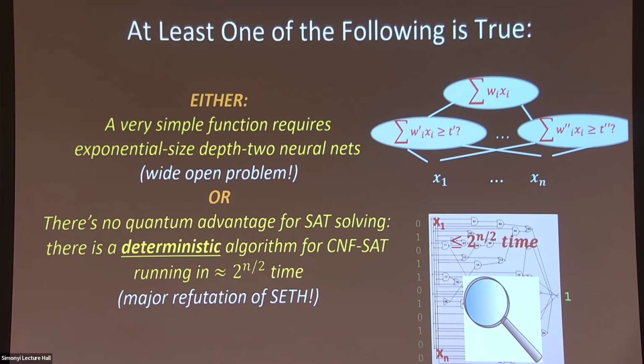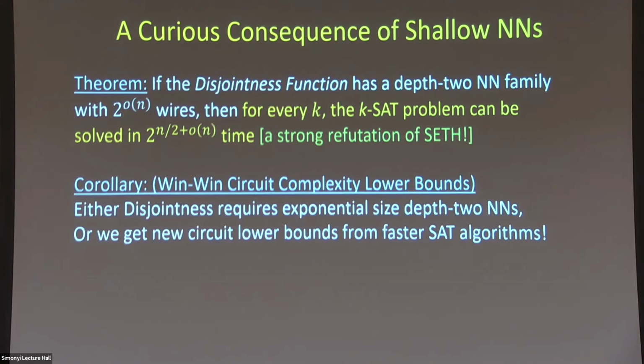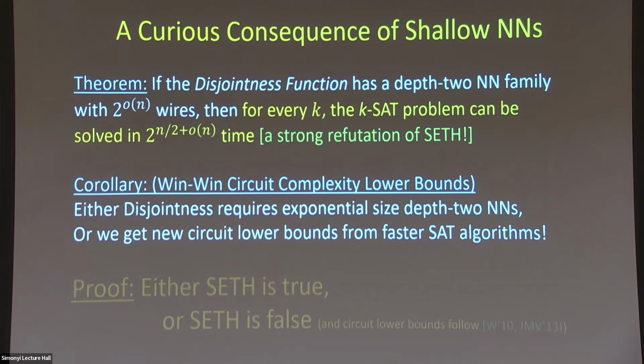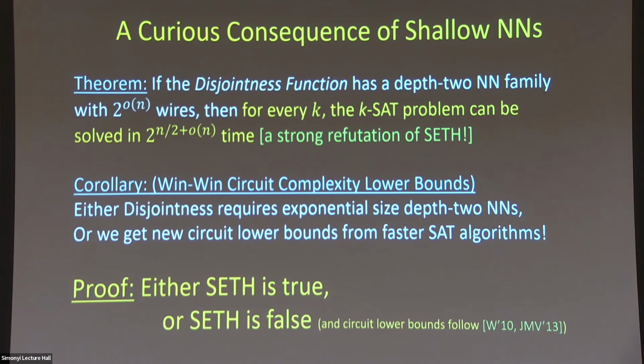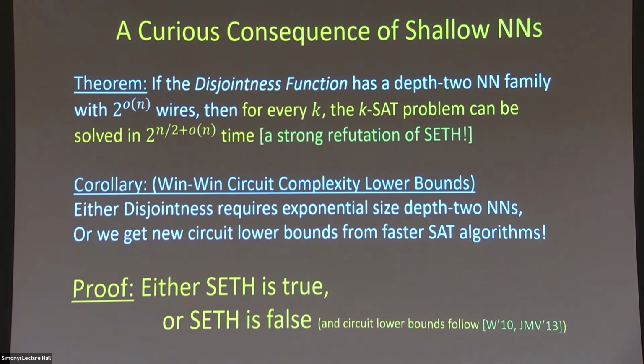If the so-called disjointness function, which I can define for you if you ask, has a depth-2 neural net family with a sub-exponential number of wires, then the K-SAT problem can be solved in square root of the search space. As a corollary, you either get that this simple function needs very large neural nets, or you get new circuit bounds from SETH algorithms. Indeed, the proof is that either SETH is true or SETH is false, and then you get circuit bounds from falsity. Great.